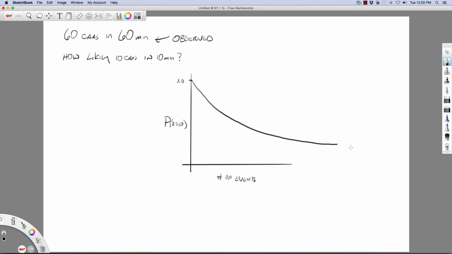So what the shape looks like is ultimately going to be converging to some asymptotic value, and as we'll see, this value is about 0.125. As we continually refined our estimate of the delta t, as we decreased it, the probability that 10 vehicles make a turn in 10 minutes decreased to a flat value.